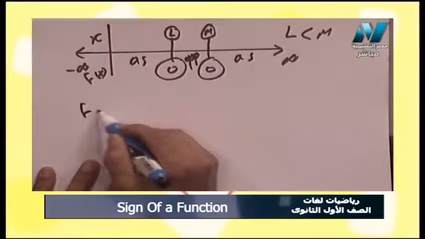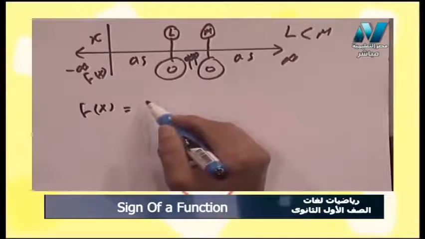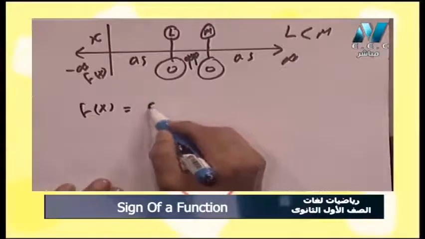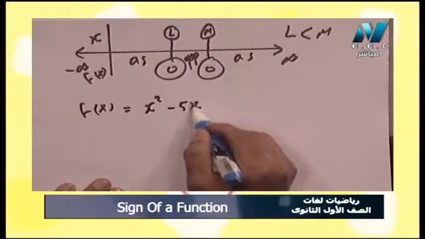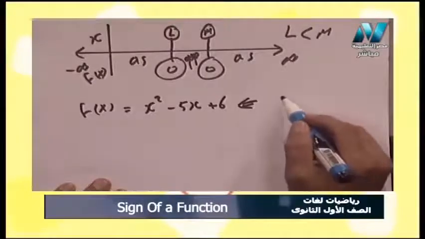So this function which we discussed before, which is x power 2 minus 5x plus 6, has two roots, which are 2 and 3.